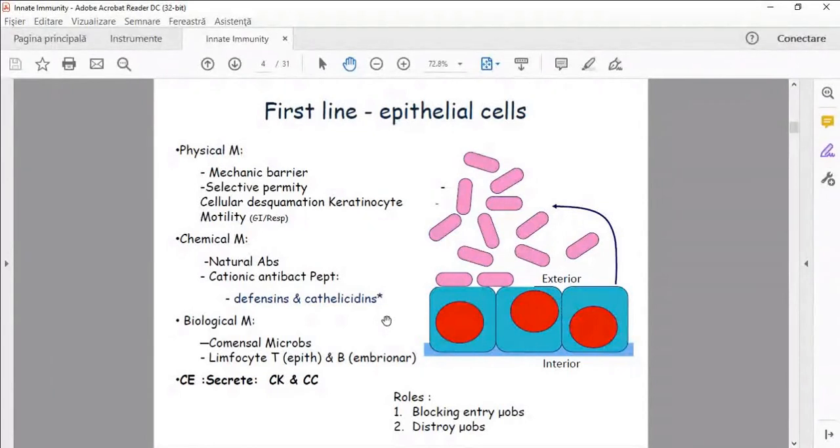So, in conclusion, epithelial cells belonging to the first line of defense have the role to block the entry of microbes and destroy them through their specific means.